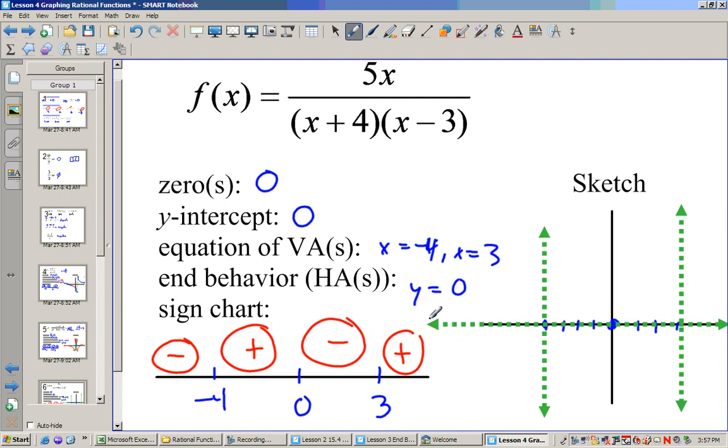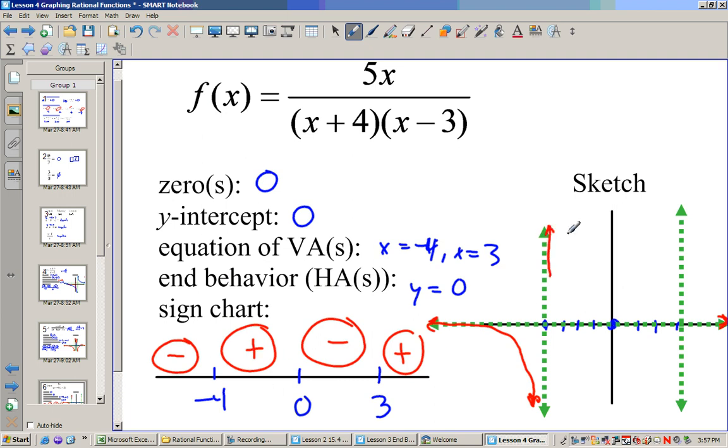When I start my graph, I know on the far left it's going to go towards that end behavior. On the far right, it's going to go towards this end behavior. Now let's fill in the rest. This first part is negative, so instead of going up, I'll go down. And it can't cross this vertical asymptote. Just to the right of that, it's going to be positive, so it has to start at the top, come down.